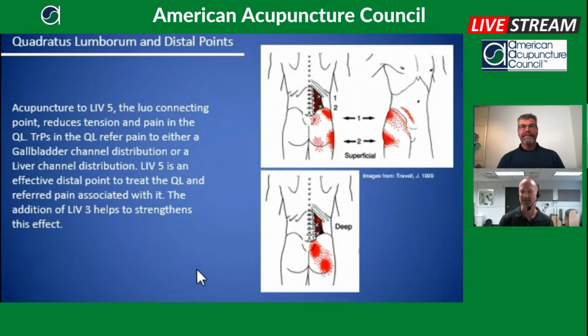And when you look at the QL referral pattern, it pretty much goes to where those sensory divisions of the nerves go: to the posterior lateral gluteal region, to the greater trochanter region, wrapping around to the suprapubic region, and then wrapping around to the groin. There's also some divisions that go more posterior, deep into the gluteal, kind of SI joint, or into the deep buttock region.